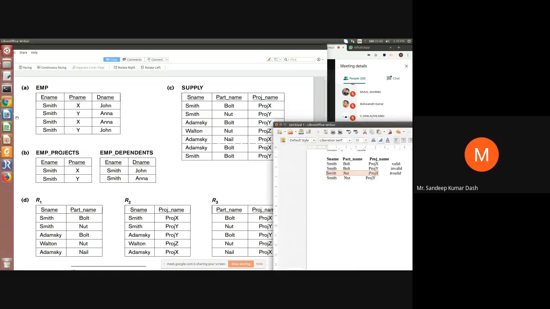Again, I am saying with respect to the example, when I am combining R1 with R2, that is a kind of join. That is a kind of natural join. That means the natural join query, if you write, it will be like this.